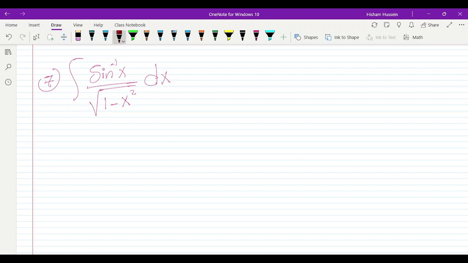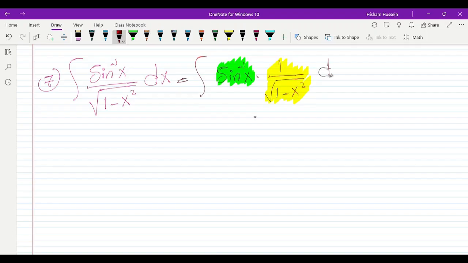To understand how we can evaluate this integral, my advice is step 1, split this function into a product of two functions. The first one is sine inverse x times 1 over root 1 minus x squared. Sine inverse x is the first function. 1 over root 1 minus x squared is the second factor, the second function, dx.